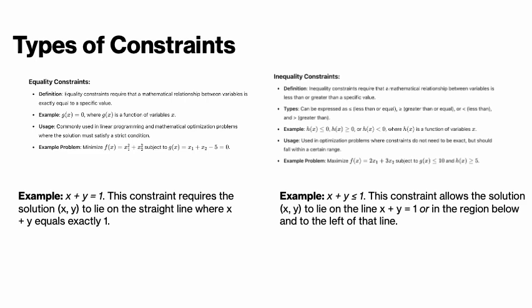But let's say, for the same equation, you make it less than or equal to 1, right? Which means your line could be either on +1 or it could be -1, right? So basically there's some inequality which needs some mathematical relationship. So we'll talk about both examples, equality constraints and inequality constraints, right?